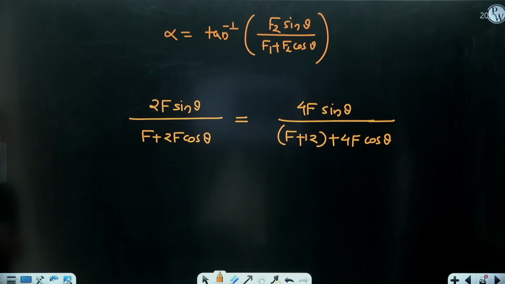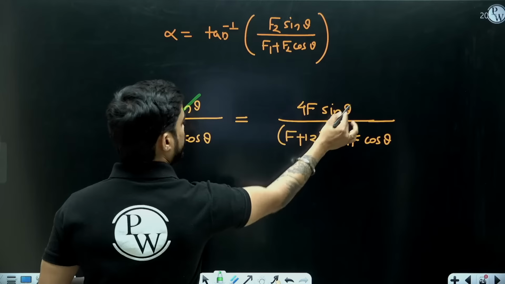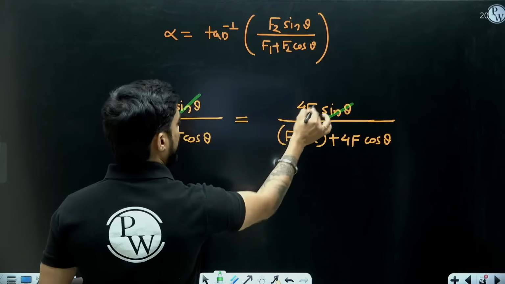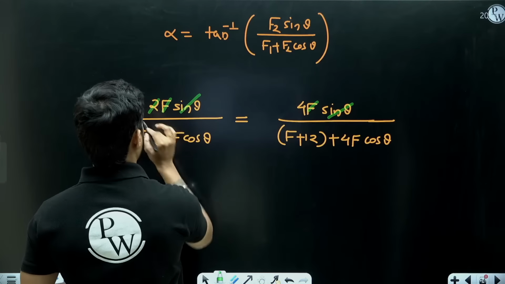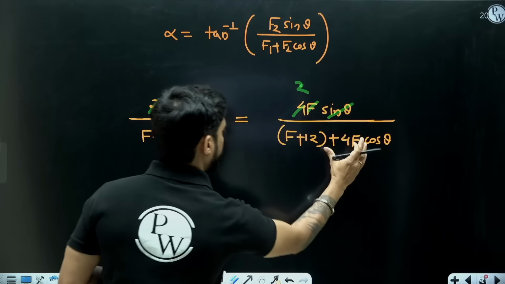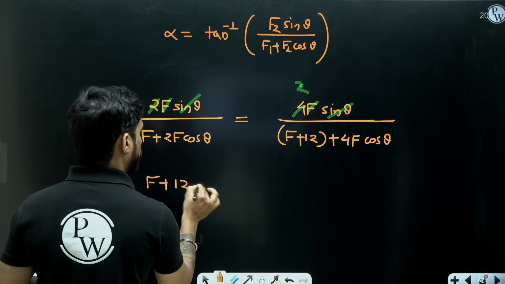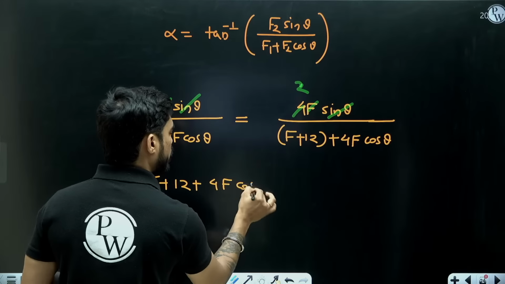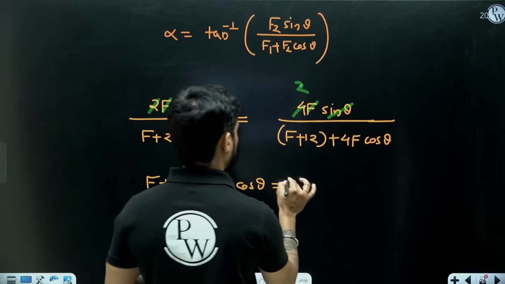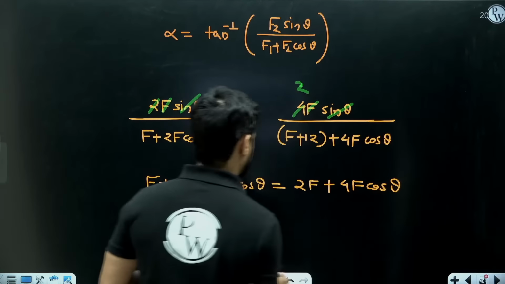Now, this sin theta will be cancelled. This F and F will be cancelled. This will become 2. So if I cross multiply this, it will become F plus 12 plus 4F cos theta equals 2F plus 4F cos theta.